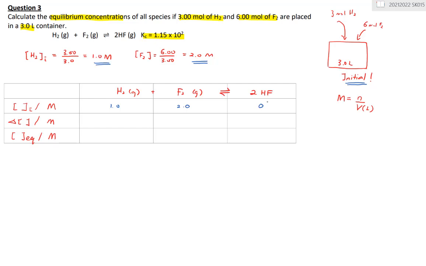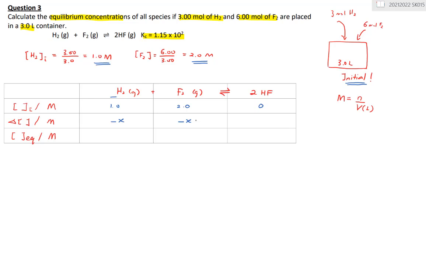Following your stoichiometry ratio, you look at each of the species, but of course you need to make sure your equation is balanced. The stoichiometry ratio for hydrogen is 1. Therefore, for the reactant, we will minus 1x. For fluorine as well, because reactant will decrease over time, so negative 1x as well.